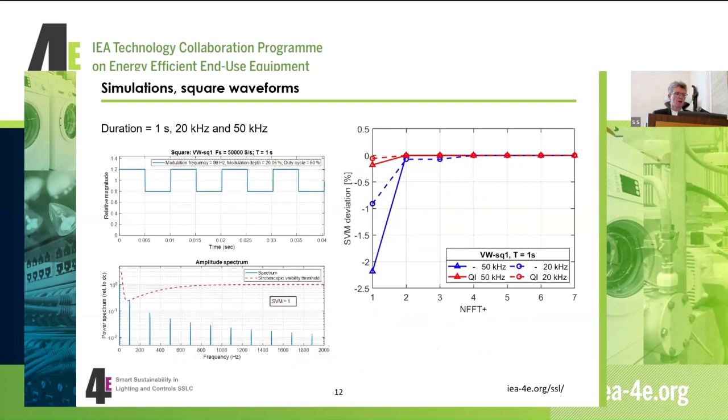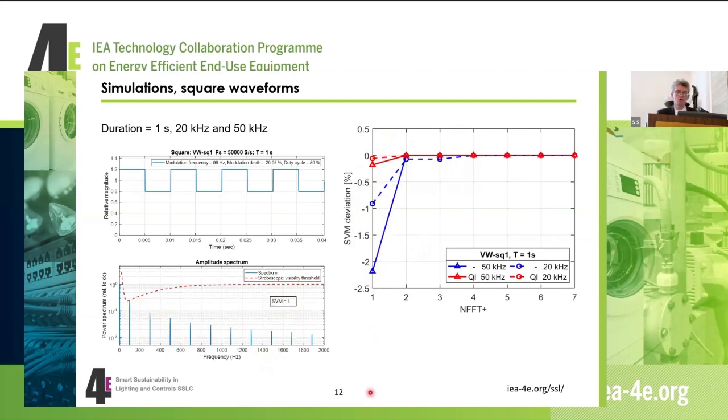So let's look at a square wave signal like this. It has many more peaks in the spectrum, as you can see down here. It still has an SVM value of exactly 1. So when we're looking at calculated values on this graph here, it's actually deviations from the value of 1.